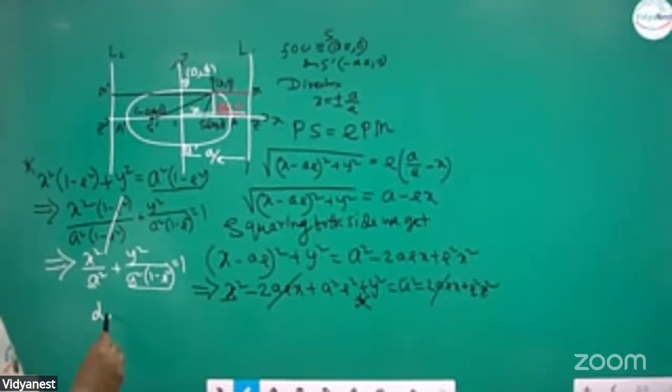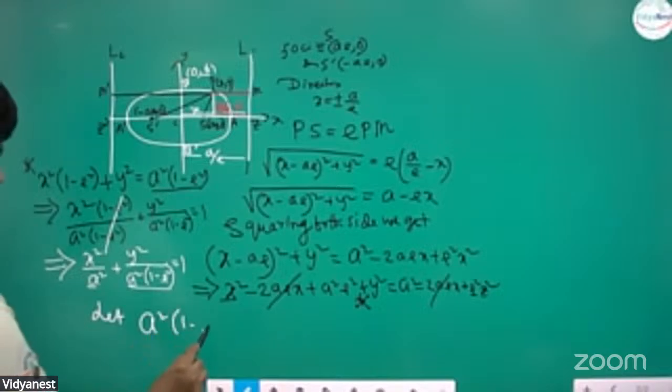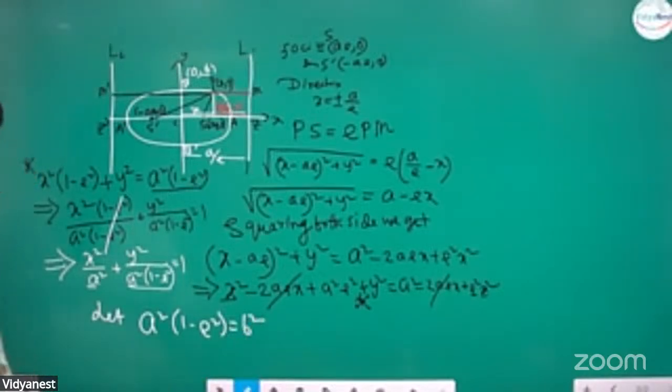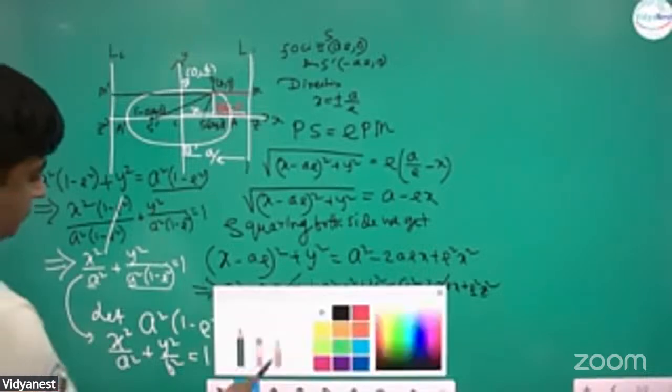You let a square times (1 minus e square) equal b square. Once you let that, this equation turns into x square by a square plus y square by b square is equal to 1.